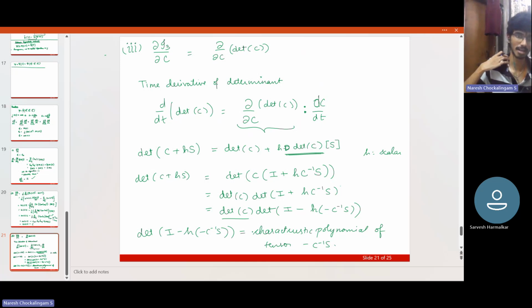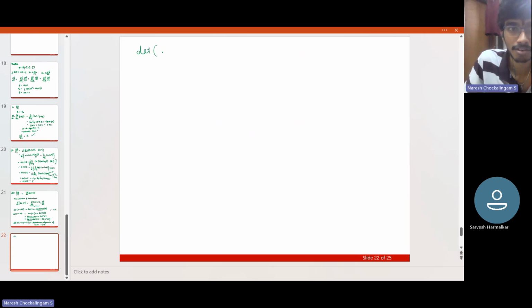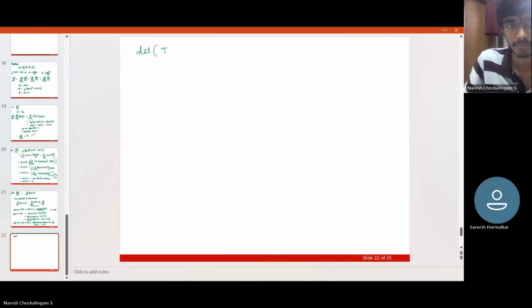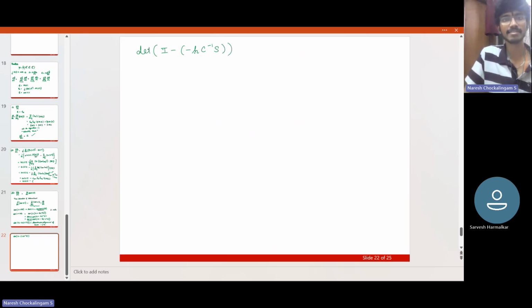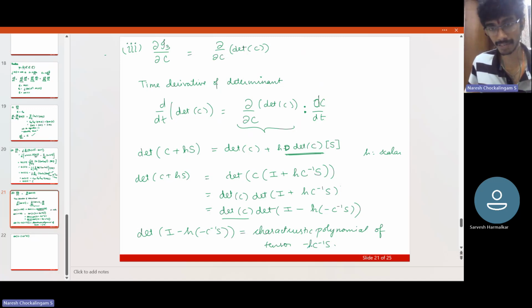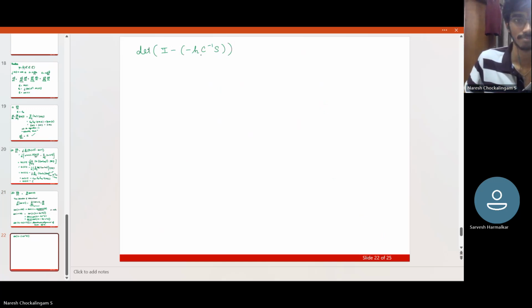So let's do that. Determinant of I minus H C inverse of S will give the characteristic polynomial of this tensor minus HC inverse of S. Suppose you have a lambda here.